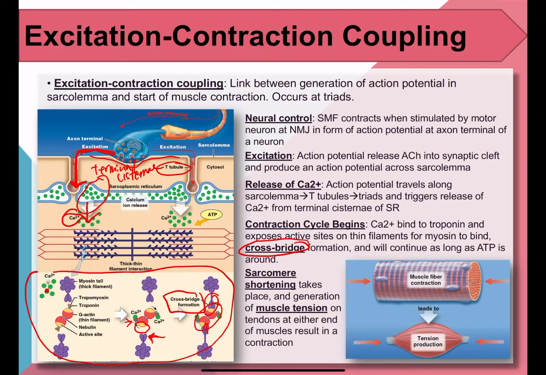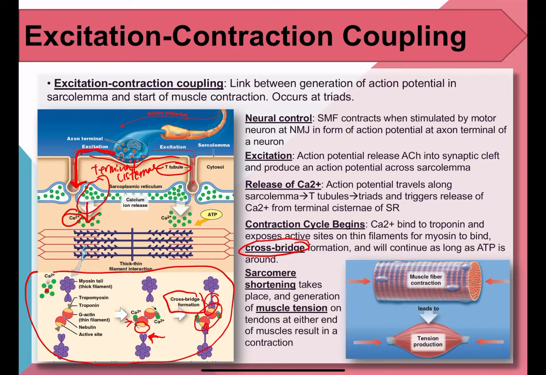Once the cross-bridge is formed, the myosin head then swings in that one direction I was talking about earlier and pulls the actin towards the M line of the sarcomere, resulting in sarcomere shortening that results in a muscle contraction.